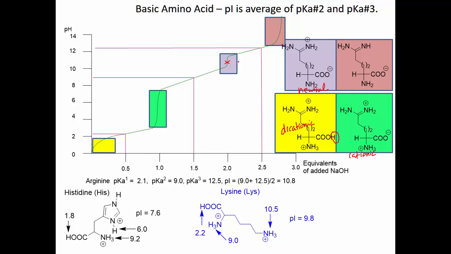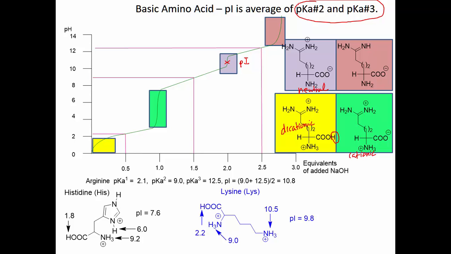Okay, so here's the pI for the basic amino acid. And what we see here is that it's the second pKa and the third pKa that are transitioning from cationic to neutral. Okay, so what we're looking at here is the result of adding two equivalents of base, and our pI value is the average now, not of pKa 1 and 2, but of pKa 2 and 3.